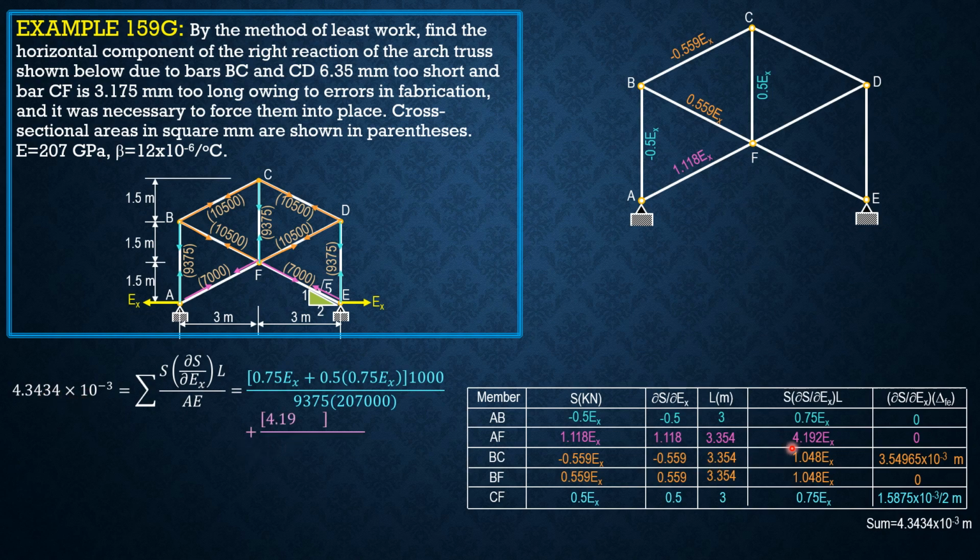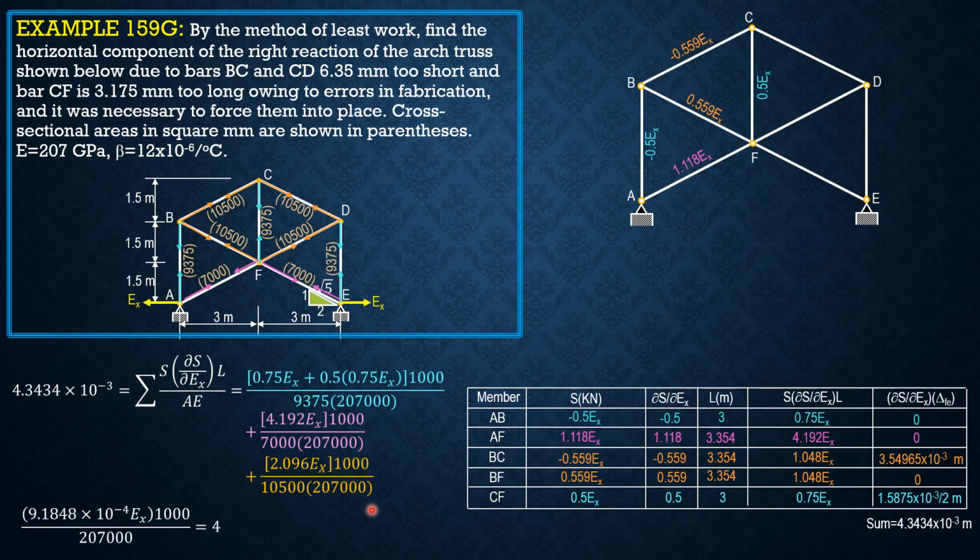Then plus the pink, 4.192 EX times 1000 over area 7200 times 207,000. Then for these two combined, 2.096 EX times 1000 over 10,500 over 207,000. So combining, we have 9.184 times 10 to the negative 4 EX times 1000 over 207,000 equals 4.3434 times 10 to the negative 3.